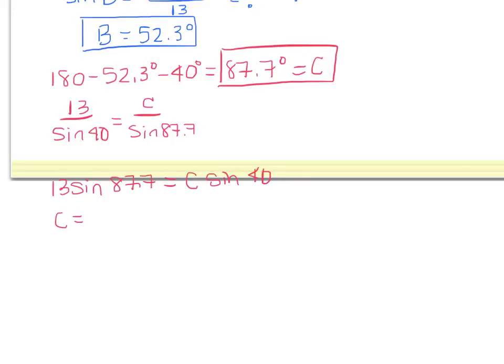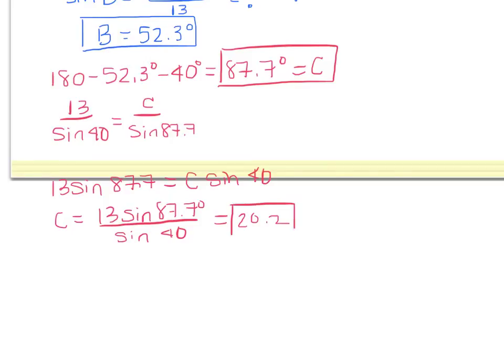So C then is equal to 13 times the sine of 87.7 degrees divided by the sine of 40. And this is going to give me 20.2 for a side length of C.